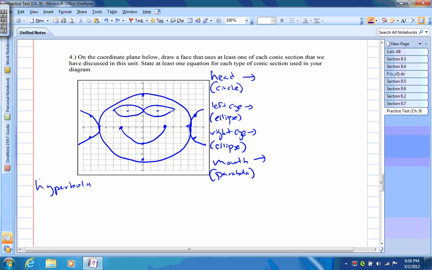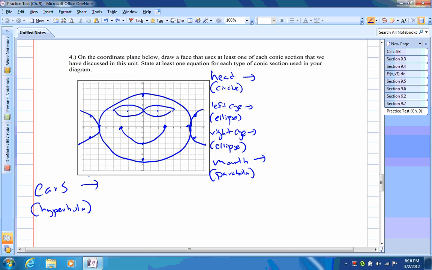Let me redo that. The ears will be like the hyperbola. And if I do give you a diagram, I'll tell you that both ears count as hyperbola or the mouth counts as a parabola, just so you're not confused. Okay, so let's get started.